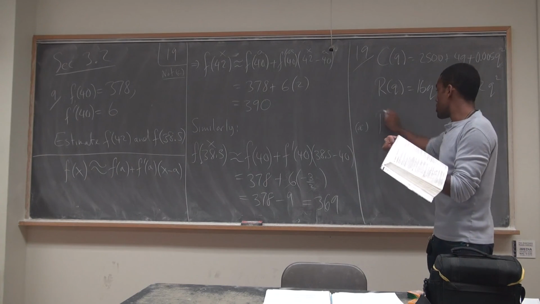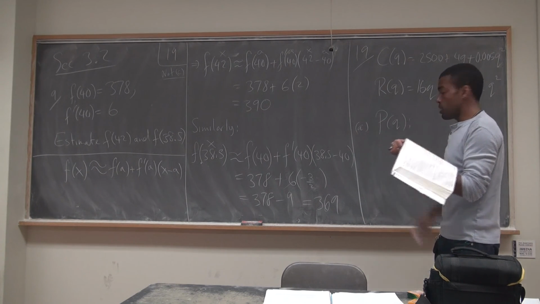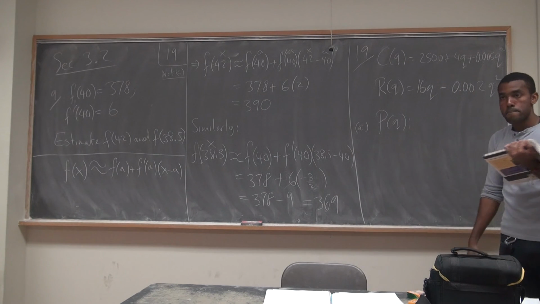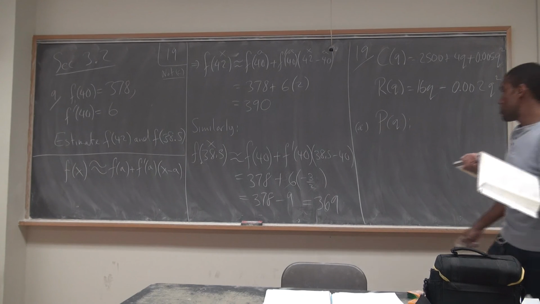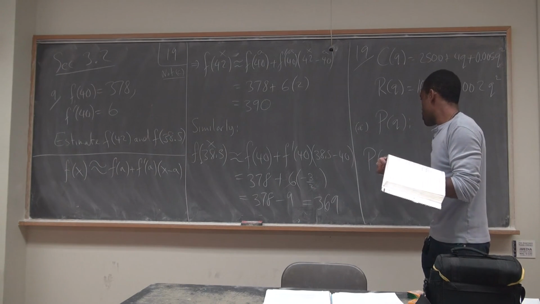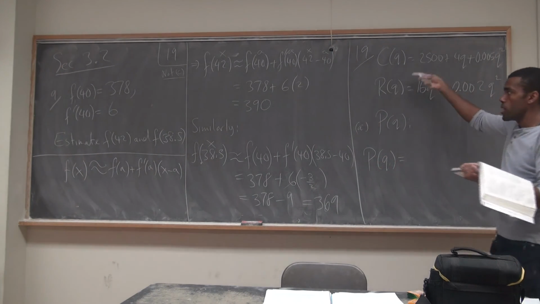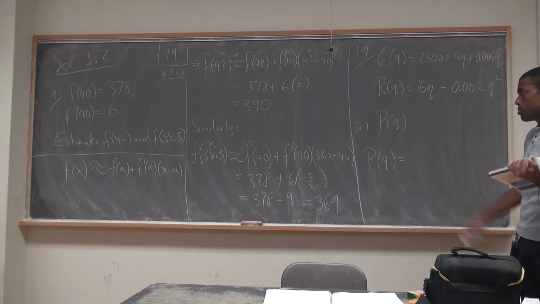Write down the profit function. How do you find the profit function? Profit function is just the revenue minus the cost, right? Revenue is the amount of money you make when you sell something. Cost is how much it costs you to produce it.